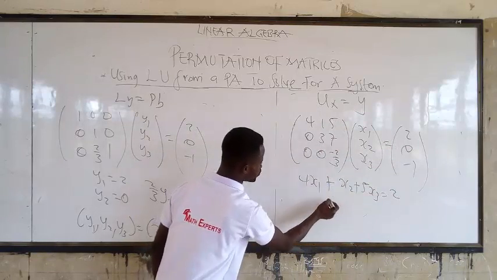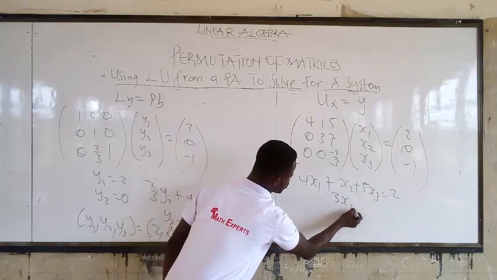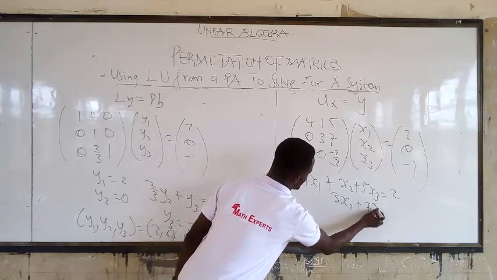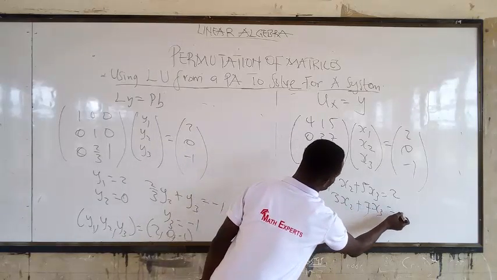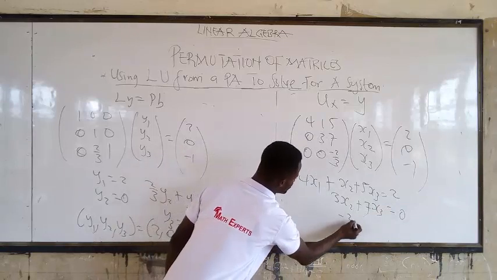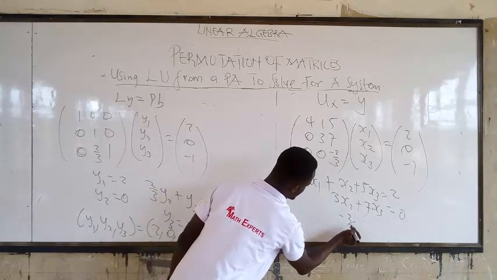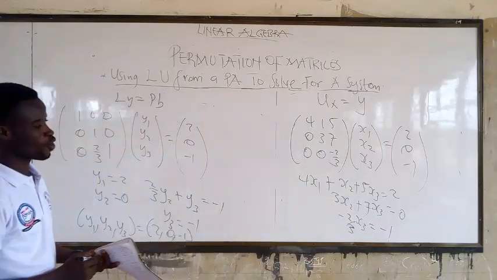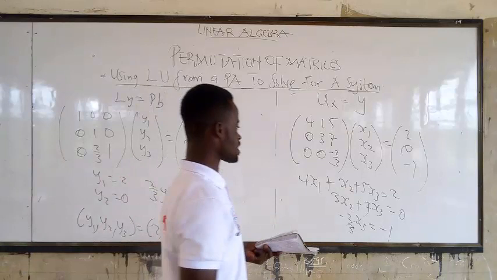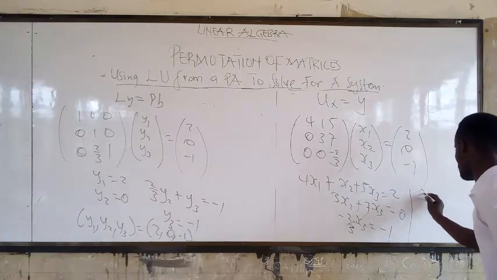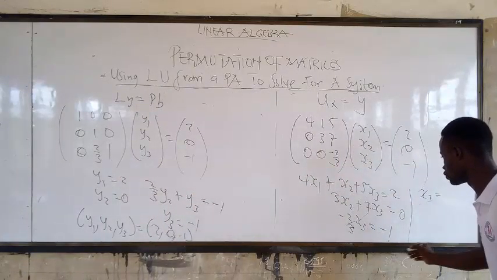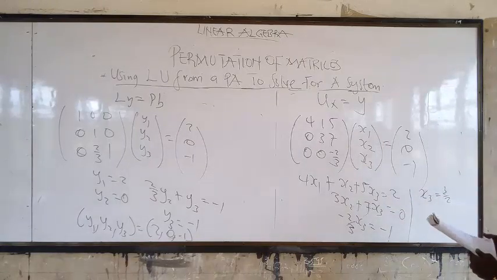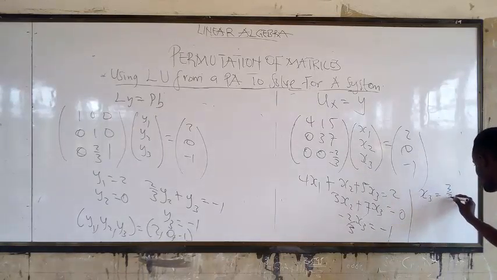So here that's 0. So let's come to this. 3S2 plus 7S3 is equal to 0. Negative 2 over 3 S3 is equal to negative 1. Beautiful. So here, straight away, you can see that S3 is equal to 3 over 2.